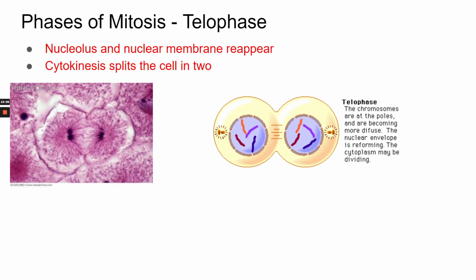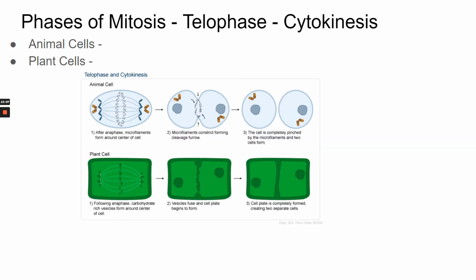In animal cells, the cell just kind of pinches in the middle and splits in two. You could see that here. It's condensing in the middle and it splits, and now we have two cells at the end.